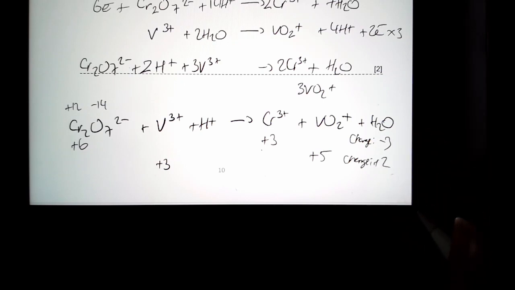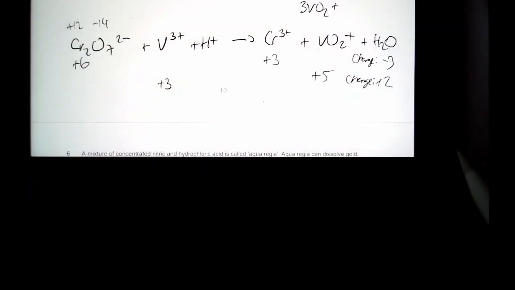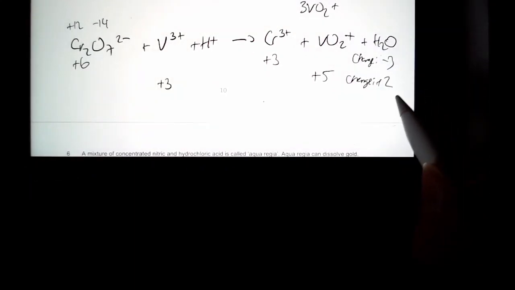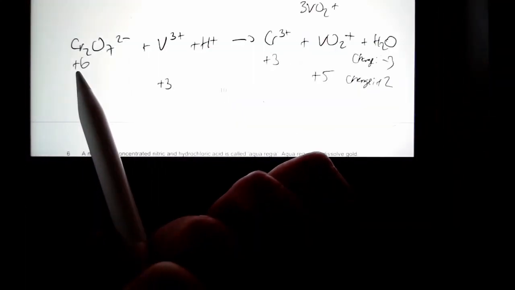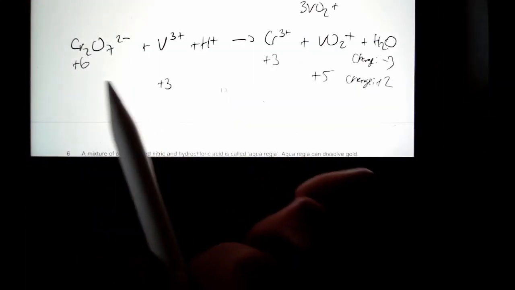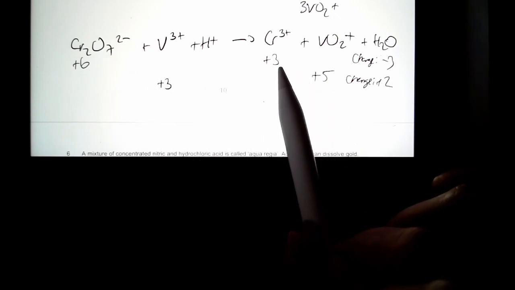Now at this point, if we were doing this the same way as before, you would do this multiplied by 2 and this multiplied by 3, and then go back in and add those big numbers. But there's something to note here. You're starting off with 2 chromiums on the left-hand side, and you're getting this decrease in oxidation number, so it's being reduced.